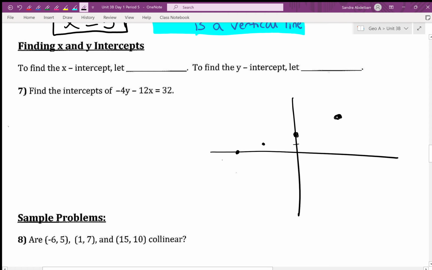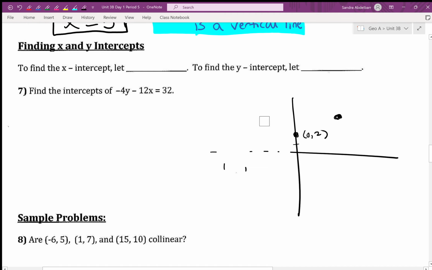It's not always going to be the same number. So this is 0, 2, and this is like, I don't know, negative something, 0. It's not the same.